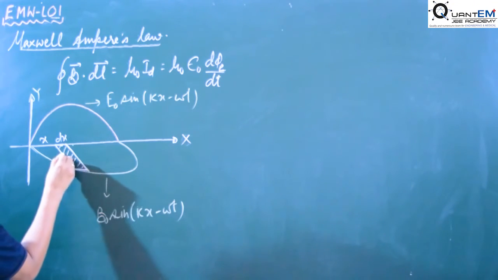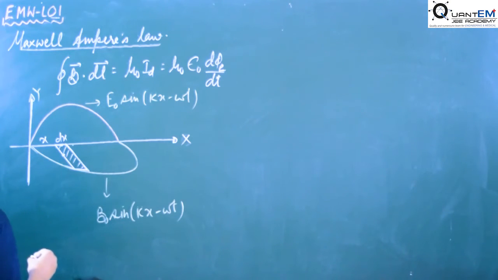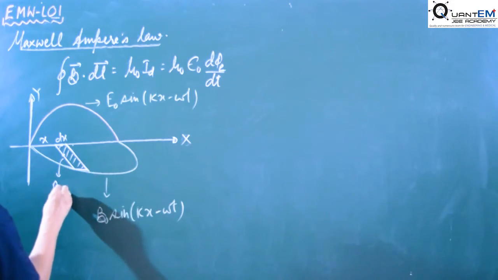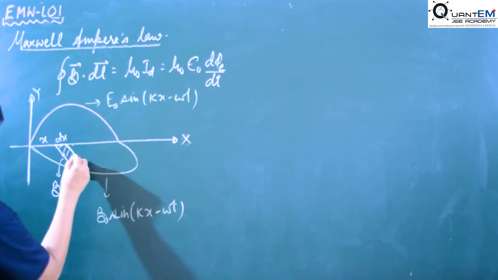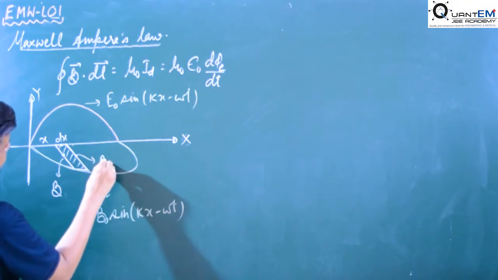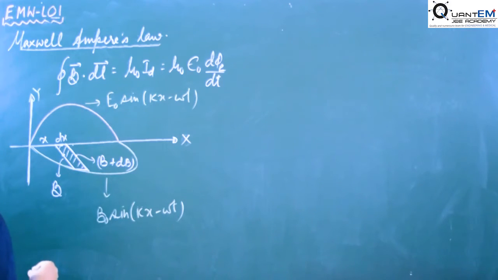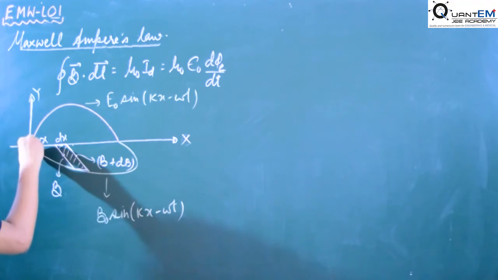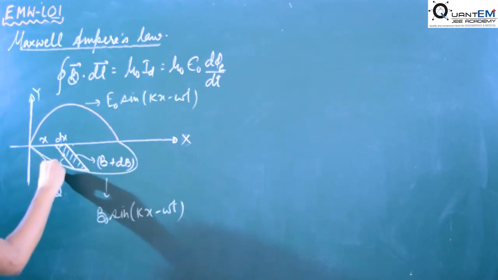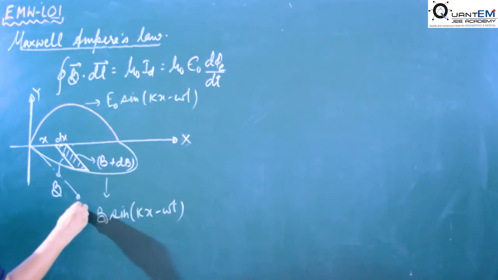Now at this point suppose the magnetic field is B, and at this point magnetic field is suppose B plus dB, okay, and this y height, this coordinate is what we have, this one is z.